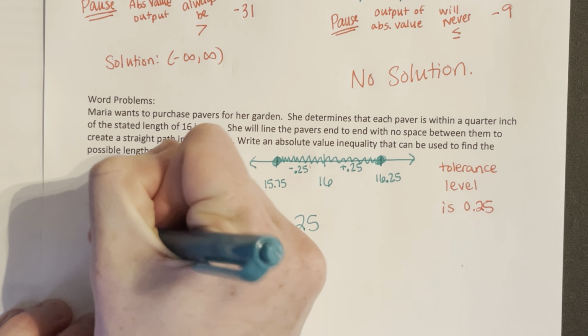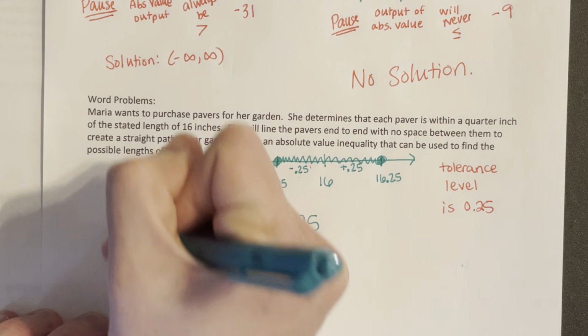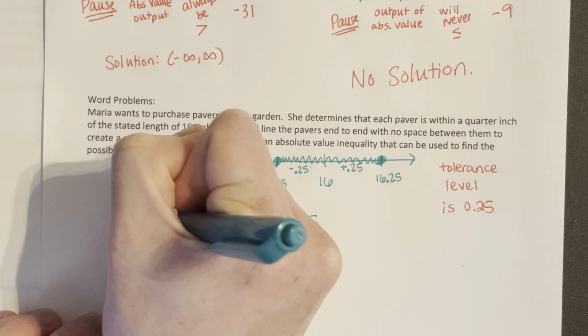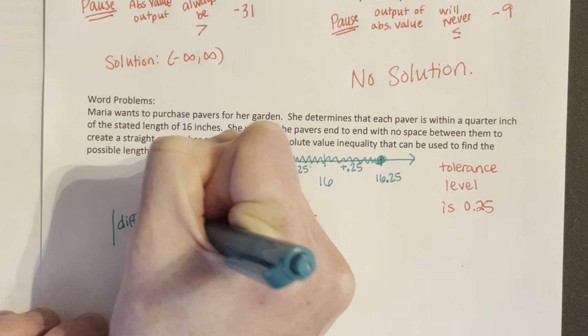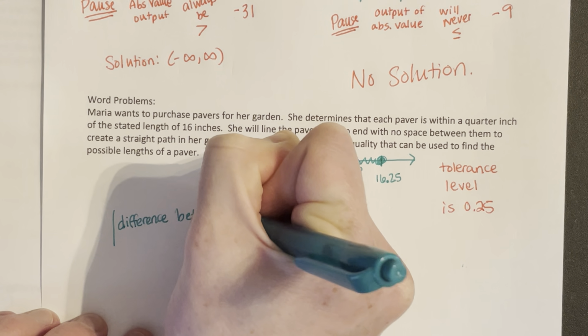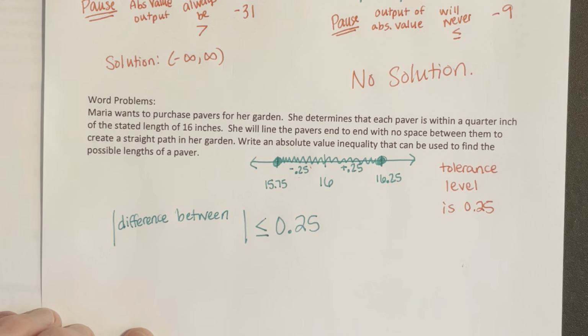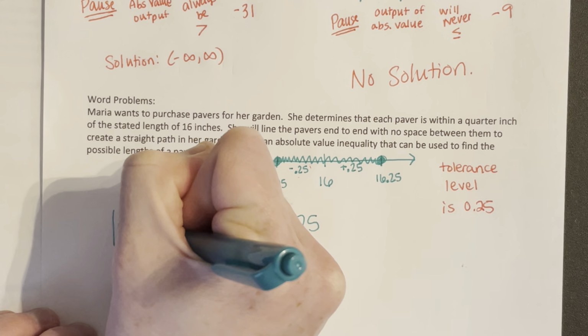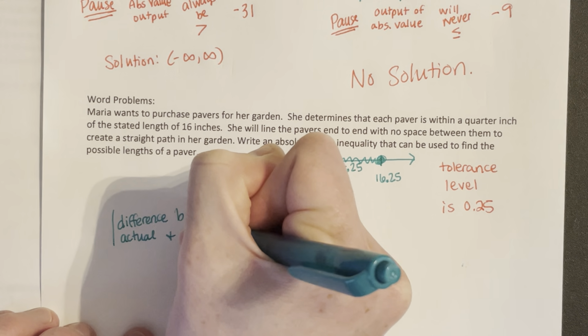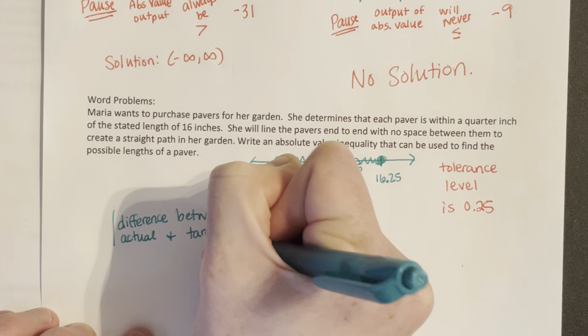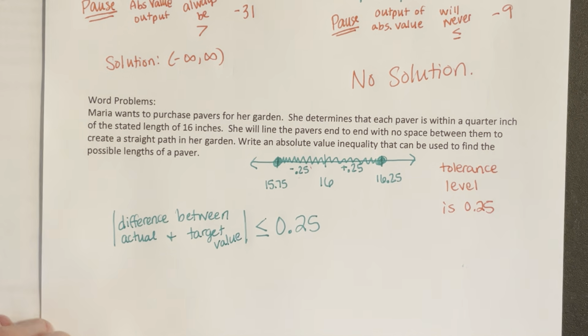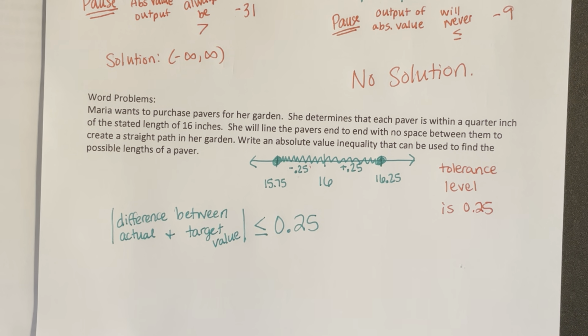And that is our absolute value. So the difference between the actual thing and the target value is what has to be less than 0.25.